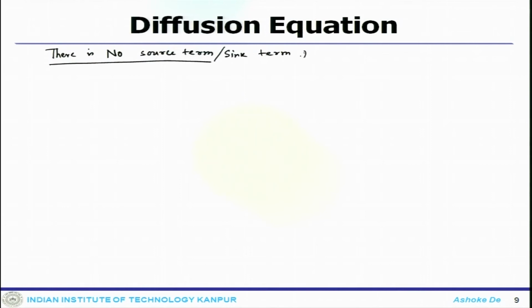So, the phi is governed by diffusion only.